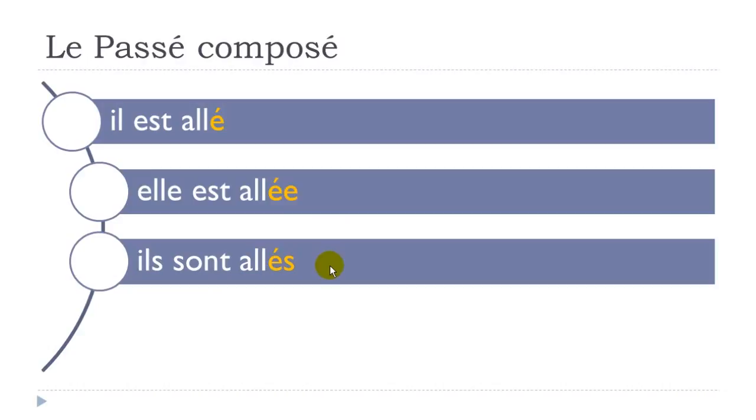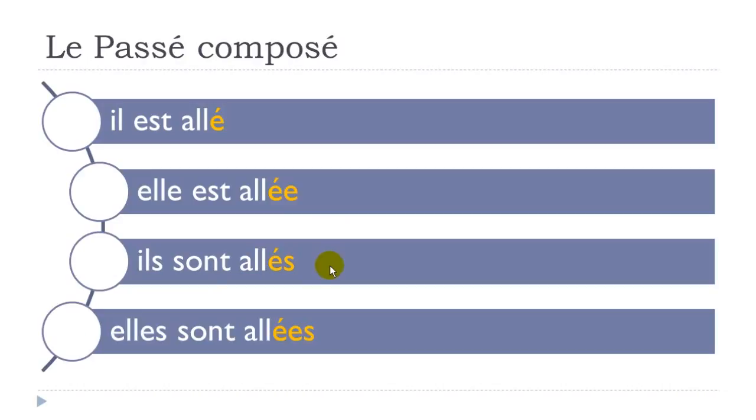And logically, for once in French, if you've got the feminine plural form, so elles here, elles sont allées, you will have to add first this e, so for the feminine, and then s for the plural. Okay, so that's the one important thing that you will have to remember if you want to construct this passé composé form.